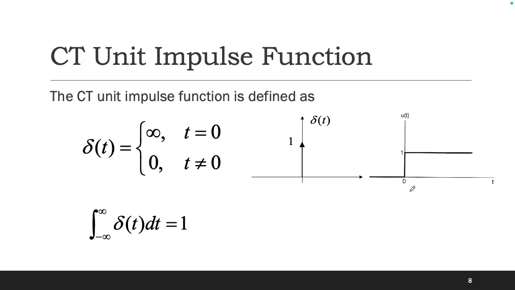Okay, and then this is like the CT unit step function. If we have the unit step function, we can use this equation to get the impulse function. Because we know if the slope is like this, after you differentiate, it will be infinite. Yeah, I think you learned this in some mathematical class, like differentiation, ODE.